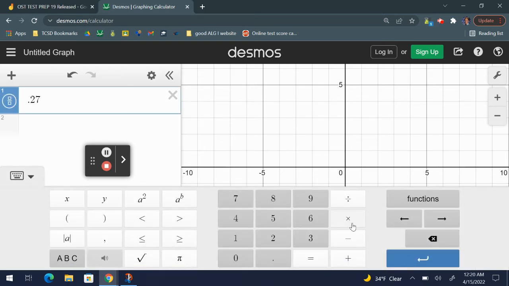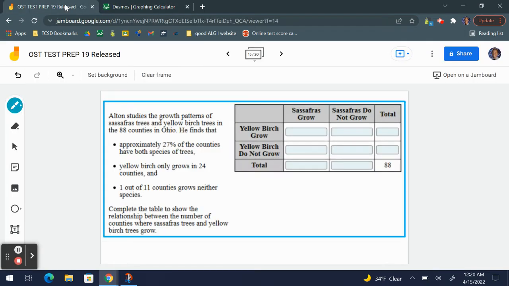So it's times 88. And that gets us approximately 23.76. Obviously you can't have 0.76 of a county, so that number rounds up to 24. We just found out that that cell is going to equal 24.